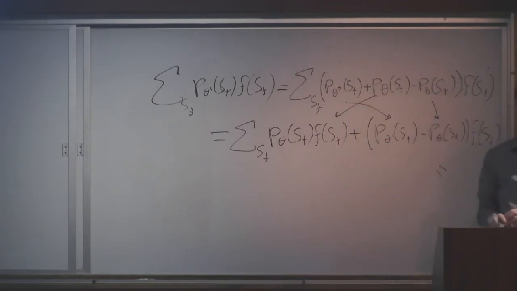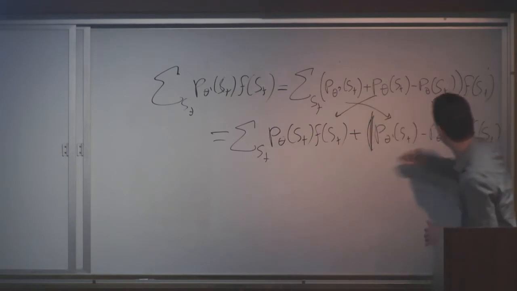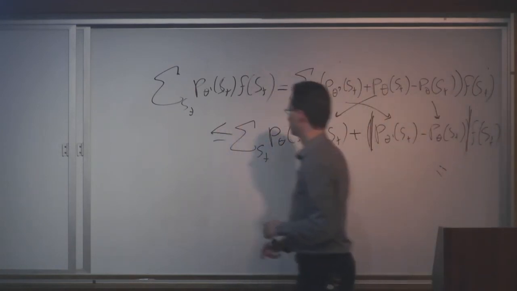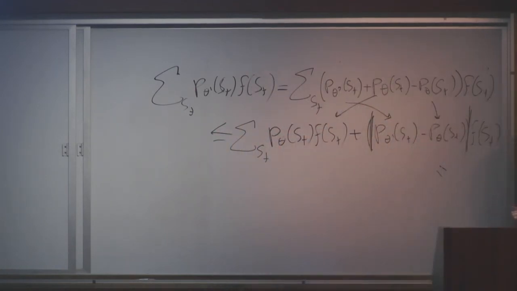Just distributed and rearranged terms. Now, we know that the absolute value of a number is greater than or equal to that number. So that means that we can change these parentheses to an absolute value and just change this to this. You can always do that.